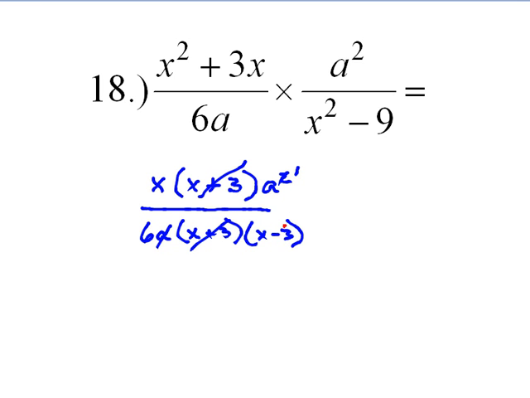And I think what's left would be our answer. So we have x a over 6 times x minus 3. Now you could multiply this out or not. It doesn't really make a difference at this point. We're just trying to get it to this level.